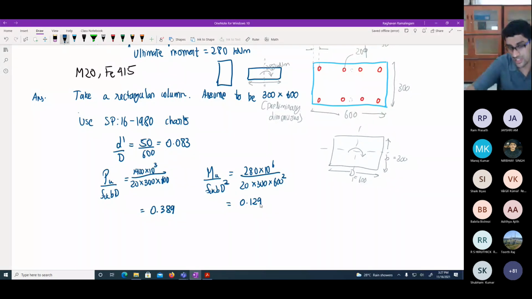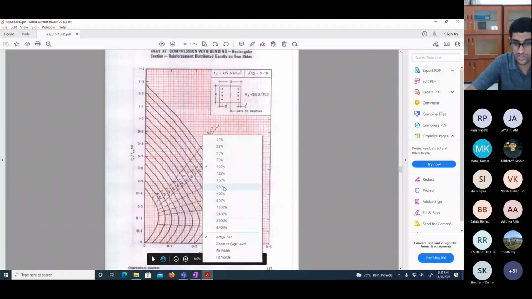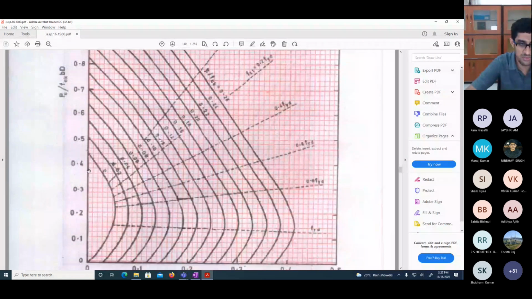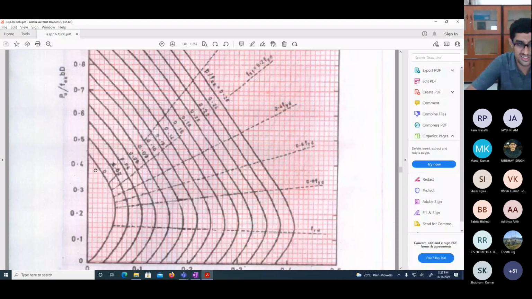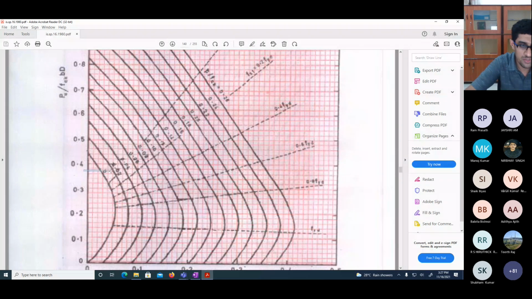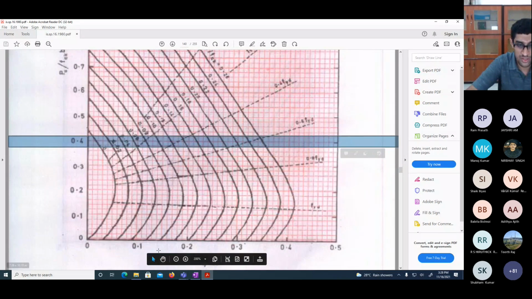Okay. So now you have these values, and now you can go back to your SP16, and once again I think I have to zoom it. My PU by FCK BD was 0.389, which is probably somewhere along this line, and I have 0.129, which is probably somewhere here.